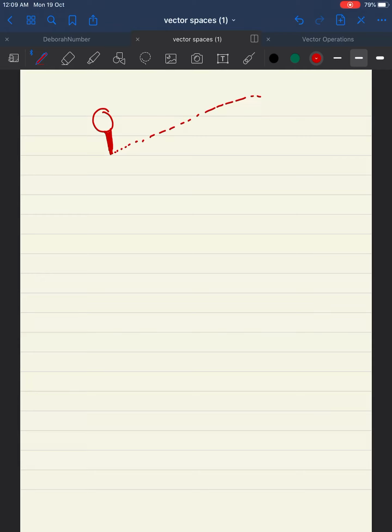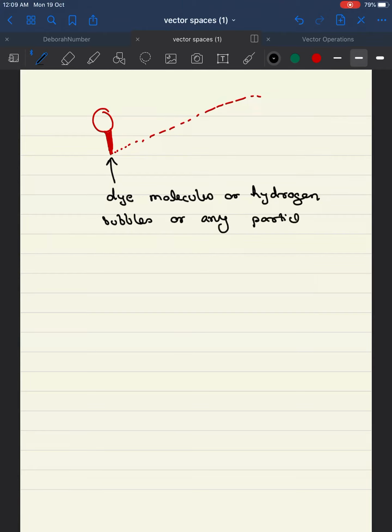Okay, so this is dye molecules or hydrogen bubbles, but they need not be this or any particle that faithfully follows local velocity, local fluid velocity.